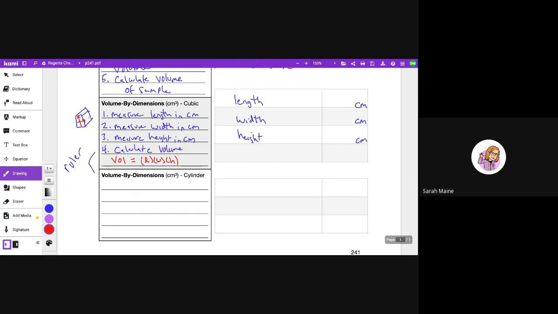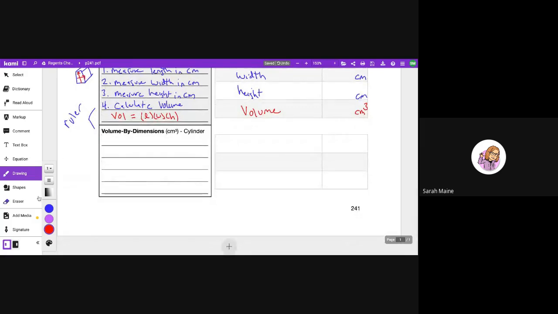And I don't care which dimension you refer to as length, width, and height, as long as you get all three. And so then, once you have those, then you have your volume. So take a look. You are multiplying the length times the width times the height. It's centimeters times centimeters times centimeters. So the volume's unit is centimeters cubed.